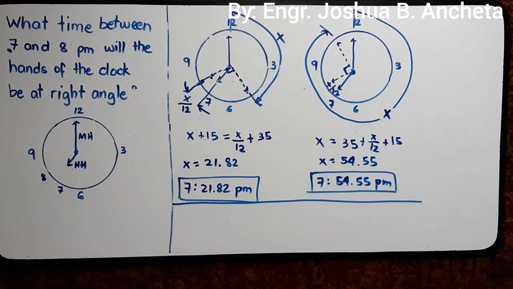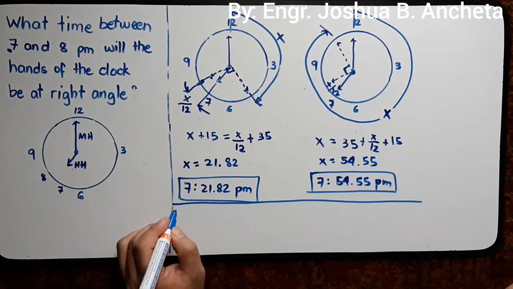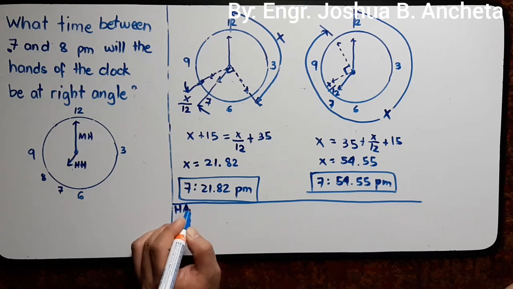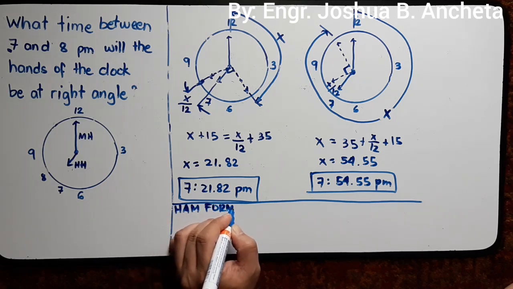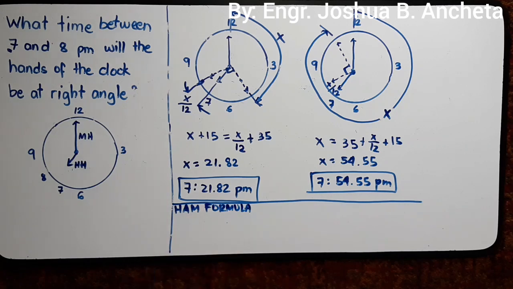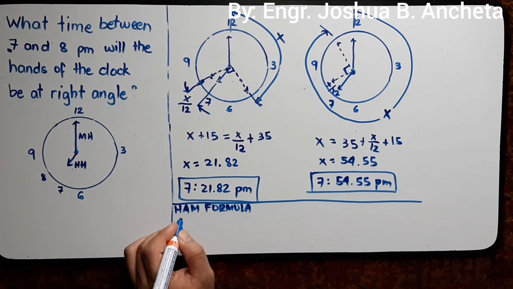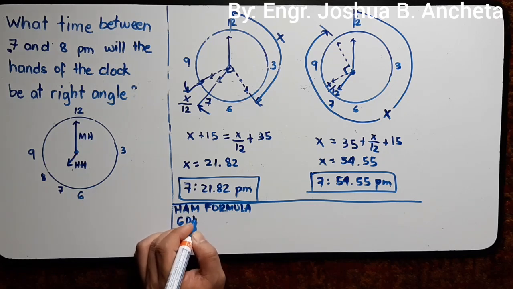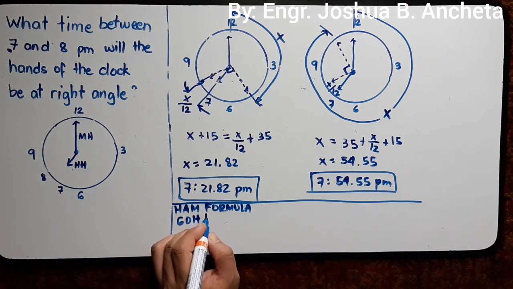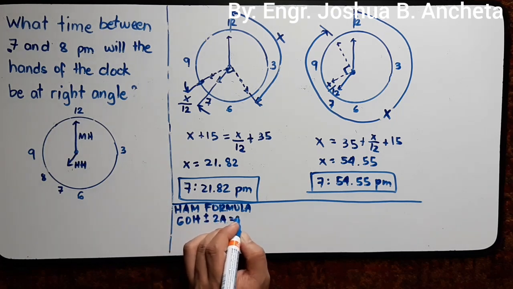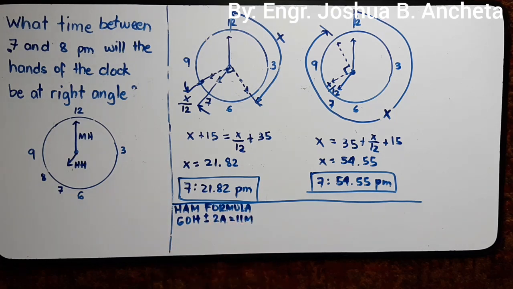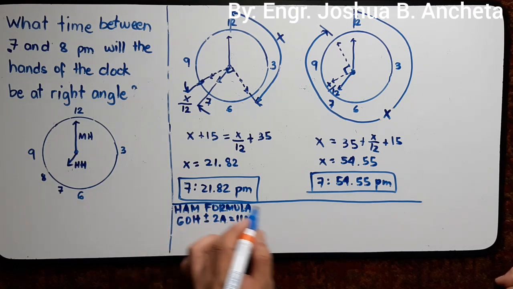This shortcut method, I call the HAM formula. This HAM formula is equivalent to 60H plus and minus 2A equals 11M. Okay? So this is the HAM formula.